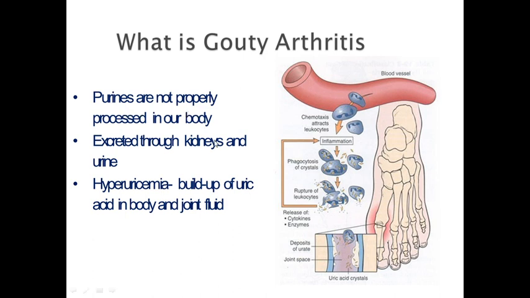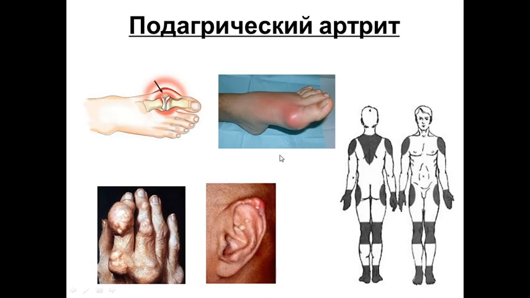Purines are not properly processed in our body and excreted through kidney and urine, and hyperuricemia builds up uric acid in the body and joint fluid. It can accumulate in joints, can accumulate anywhere, even in soft tissue, and also you see accumulation in different kinds of tissue with the formation of tophus.